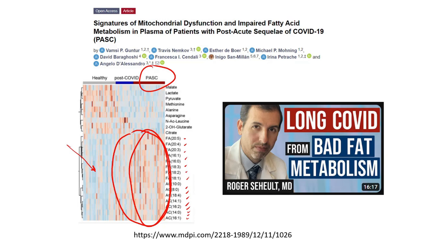What does this mean? This means that it seems as though people with long COVID tend to not be able to metabolize fats as easily as they did before they got COVID. Some people may notice that after COVID, it was harder to lose weight. And it may be because their mitochondria was damaged.